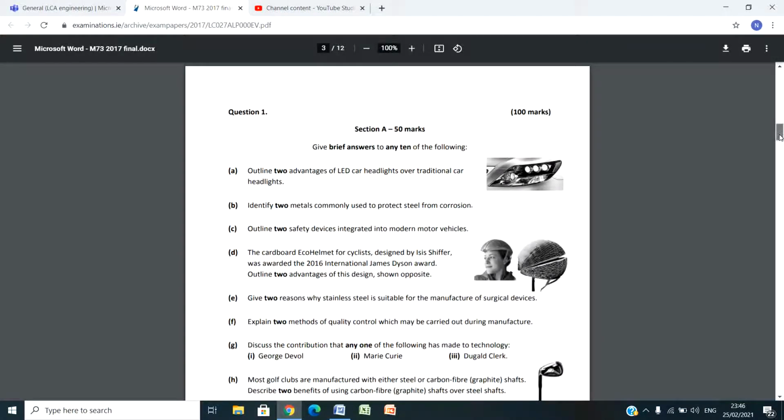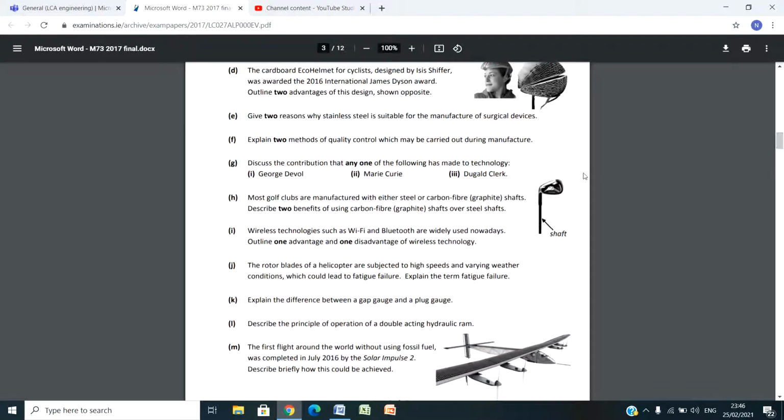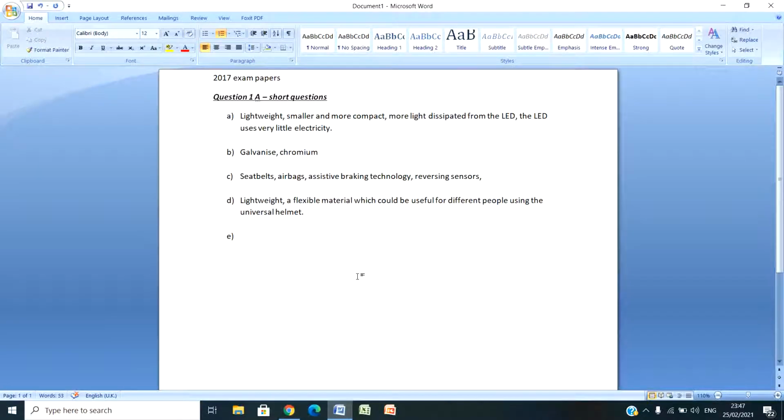Part E is give two reasons why stainless steel is suitable for the manufacture of surgical devices. So stainless steel is corrosion resistant. It's a strong and durable material.